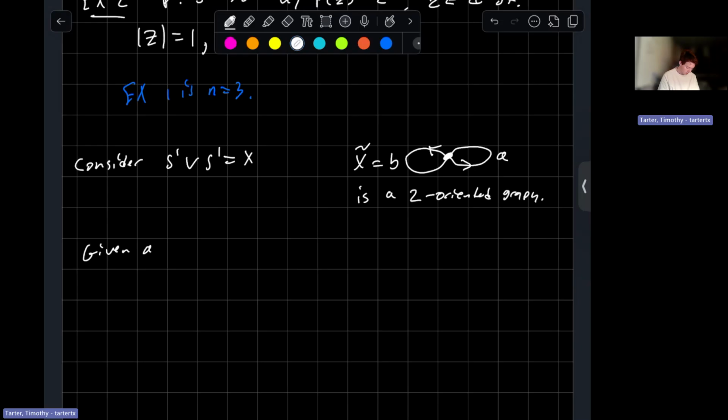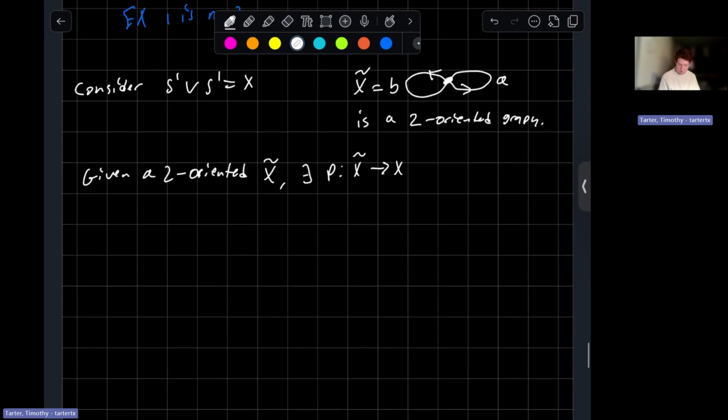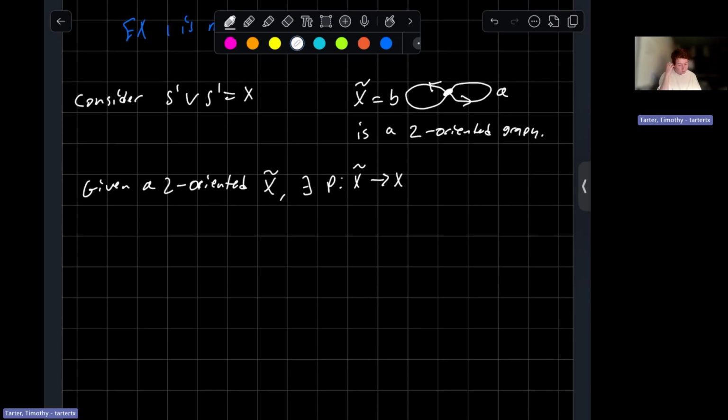Given a two-oriented graph X tilde, we can construct P from X tilde to the wedge sum of the circles, sending all vertices of X tilde to the vertex of X and each edge to the edge with the same label by a map that is a homeomorphism on the interior of the edge and preserves orientation.